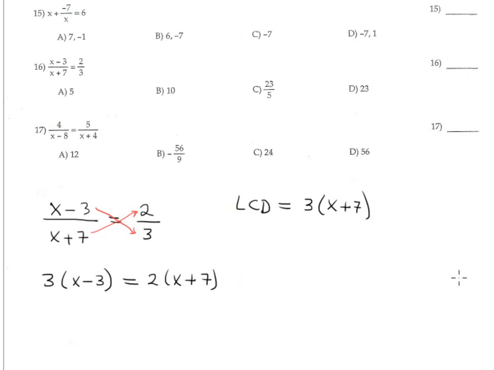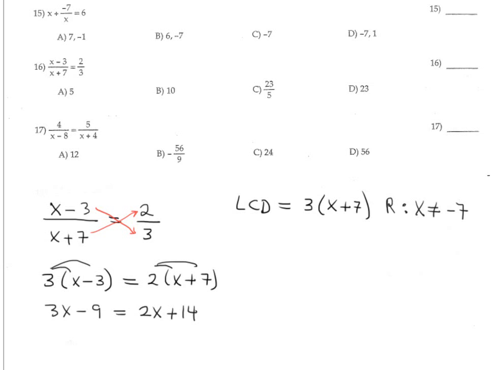Wait. I forgot something. I forgot the restriction. The restriction in this case is x must be different to -7. Okay, the rest is the distributive property. 3x minus 9 is equal to x plus 14.